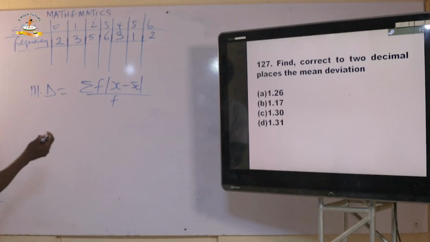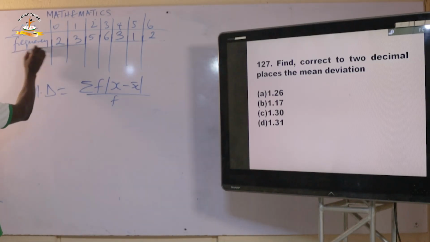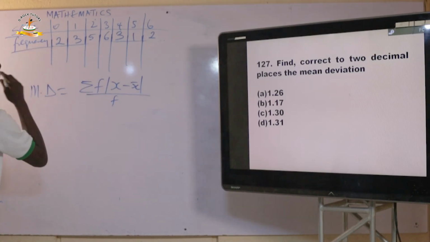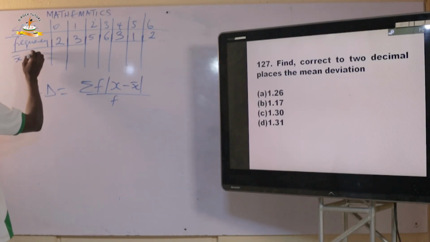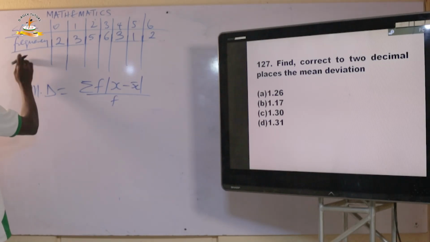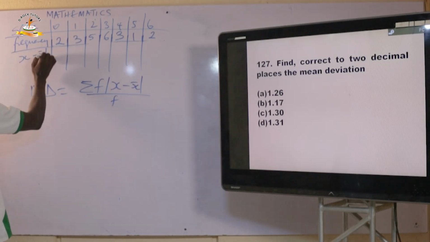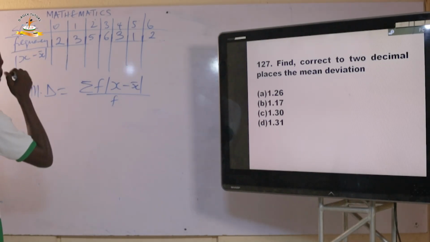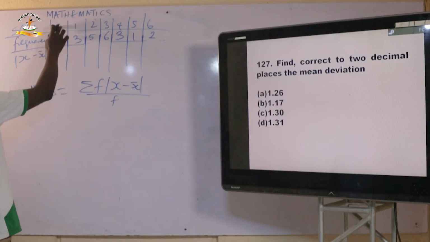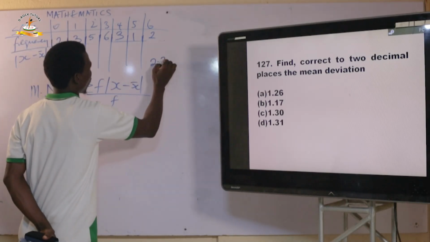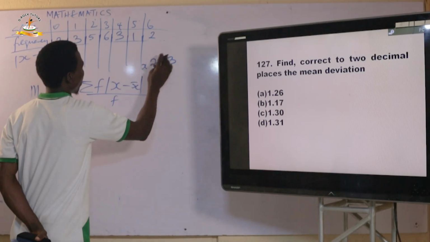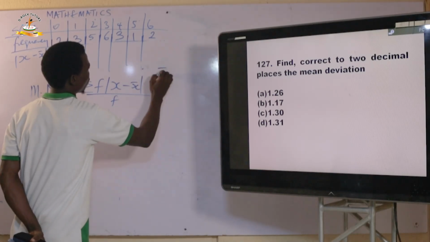So with this, we have to create another column for this deviation, and that's going to be x minus mean, and let's see how that works. So we ask ourselves, what is our mean? We got our mean previously as 2.73. That's my x bar.